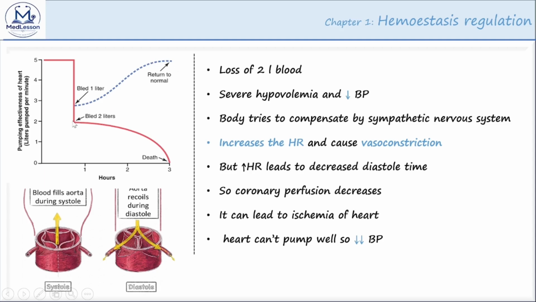But when someone loses 2 liters of the blood, it doesn't happen and the person dies. Why? Because as the heart rate increases, it leads to decrease in the diastole time. It means that whenever tachycardia happens in the body, it means heart is beating faster. So the systole time remains almost the same.